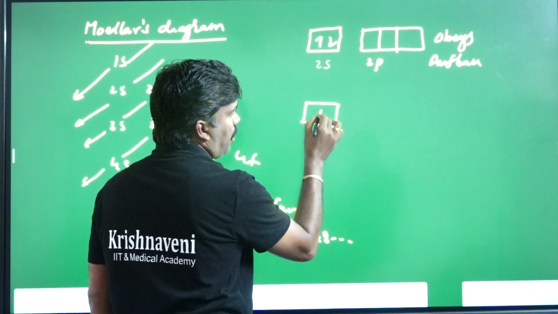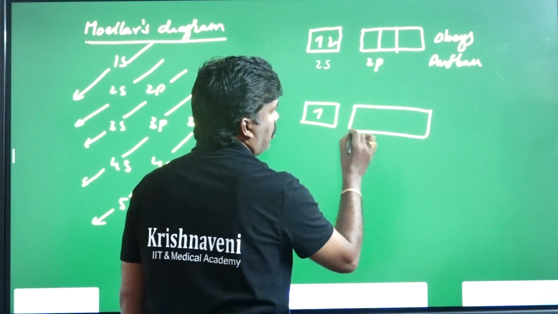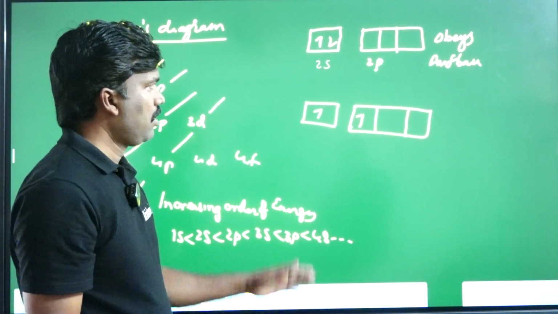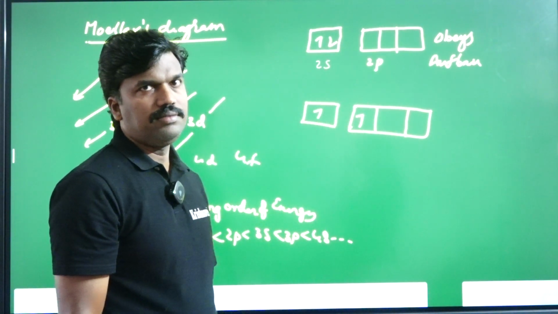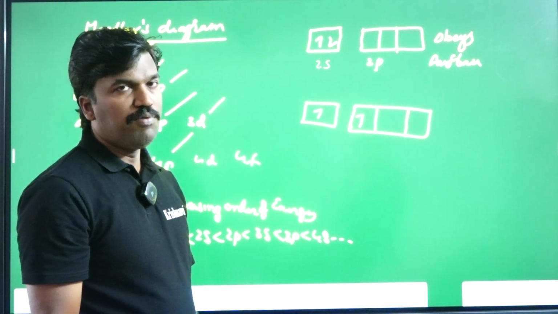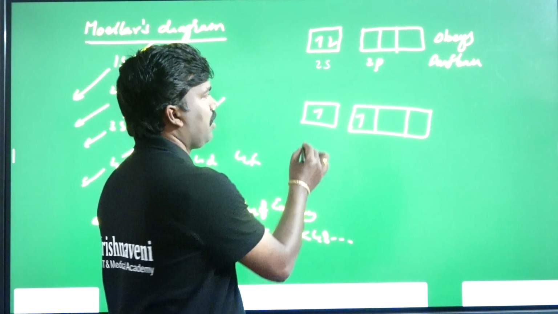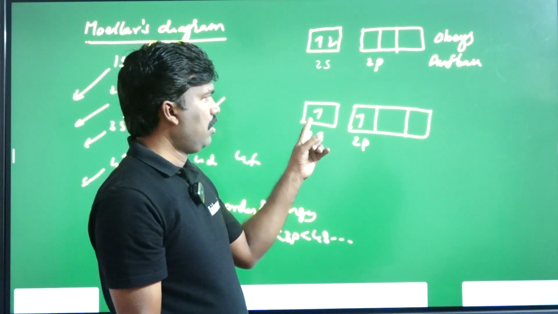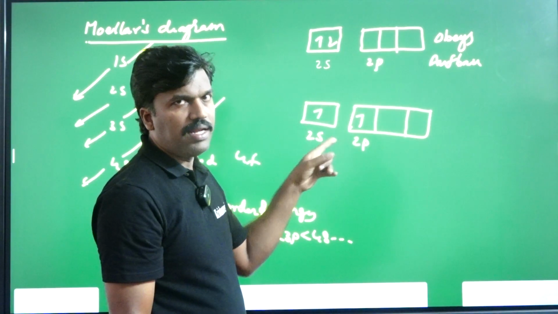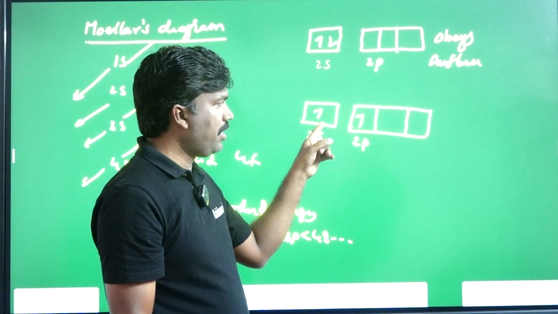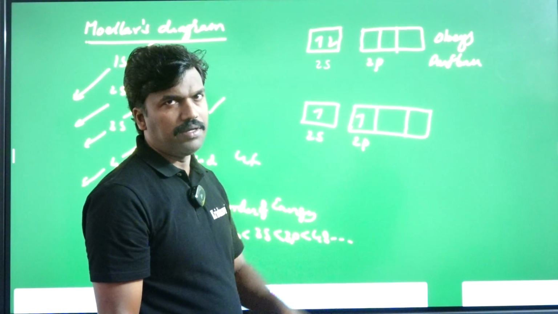I am drawing a configuration like this: 2s1, 2p1, which is completely wrong according to Aufbau principle. Why? Because 2s orbital has low energy and there is room to accommodate one more electron in 2s orbital, but the electron enters into 2p orbital.